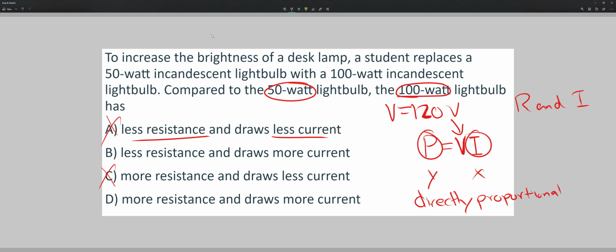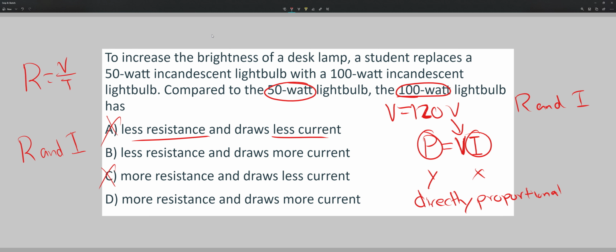Think about it another way. If you increase your power, you're also increasing the rate at which electrons flow, right? So really, your electric current has to increase. It has to. On the other hand, if we compare R and I, and again, we learned about it in 8.2, if I increase my electric current, that means I'm decreasing my resistance to that electric current, right?